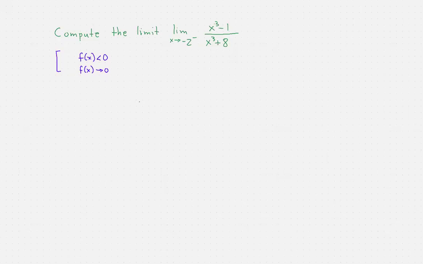And the way to understand this is that if f of x is less than 0 and it tends to 0, that means that the outputs are really, really small negative numbers. When you take the reciprocals of really, really small negative numbers, then you get huge negative numbers, hence the limit being -infinity. So let's see how we're going to use this principle here.